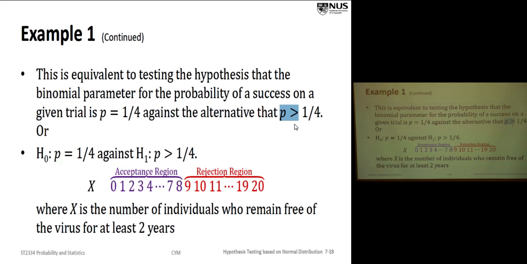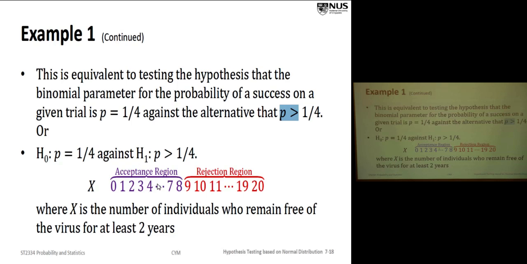Now, this particular test has been specified from the beginning because we are told precisely that if we get 9 or more individuals that are inoculated, then we're happy, i.e. we're going to reject the null hypothesis, and otherwise we're going to say that this new treatment is basically the same as before.